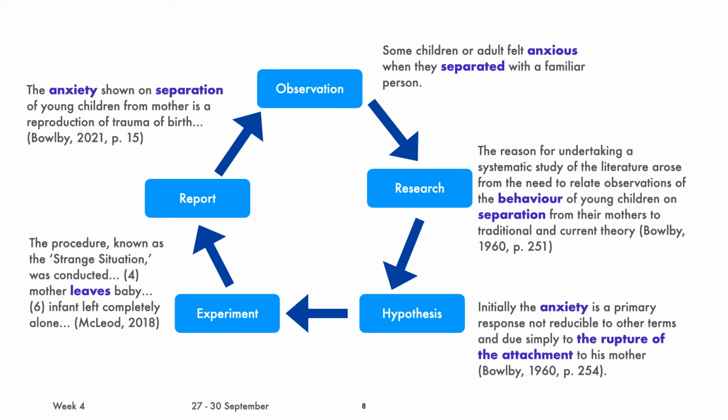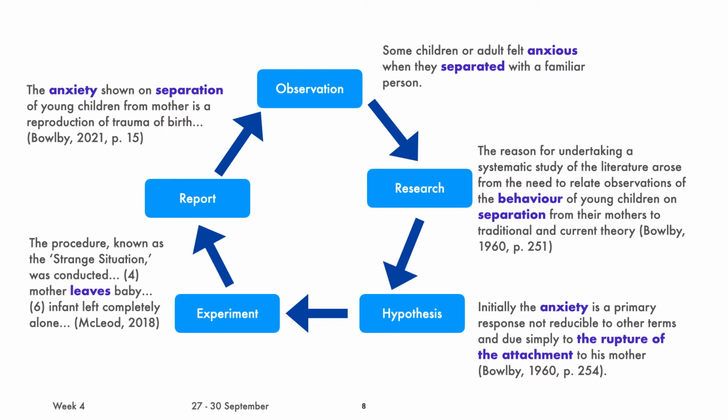So the experiment, as reported by McCloud, 2018, was called the strange situation. Okay, so it was conducted when the mother leaves the baby, or the baby is left completely alone. After some observations during the experiment, finally the researchers would come up with a report.